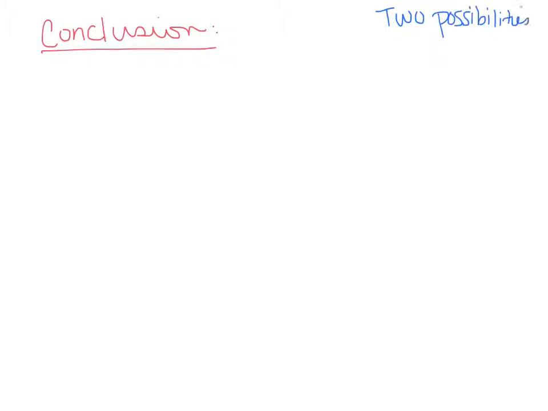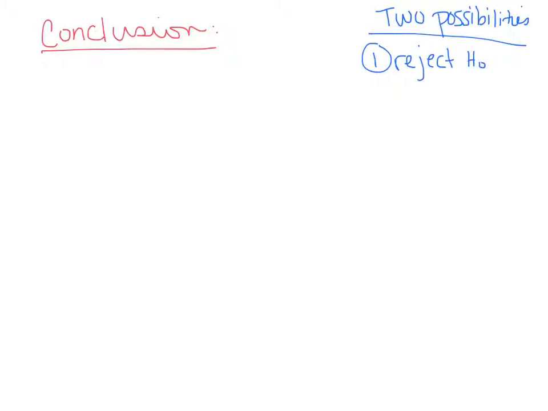So for our conclusion, we actually are going to always have 2 possibilities. I'm going to write them on the side. So your two possibilities, first one is you're going to reject your null hypothesis, which remember is H0.